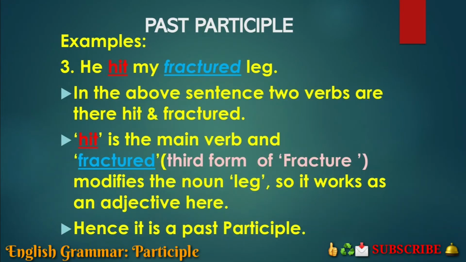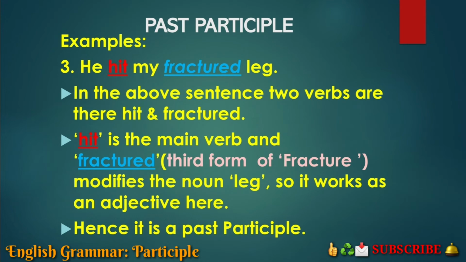The last example we will study, the third one: he hit my fractured leg. Students, in the above sentence, there are two verbs again, hit in the past form and fractured again in the past form.